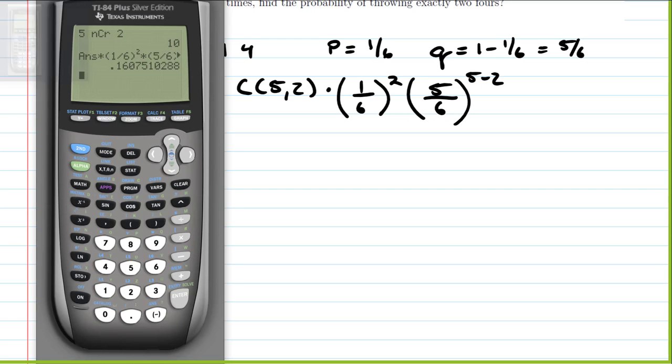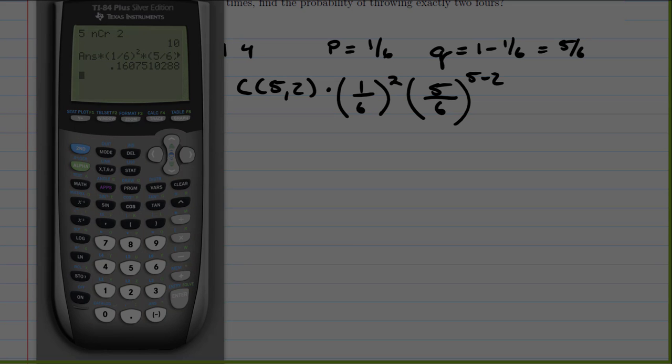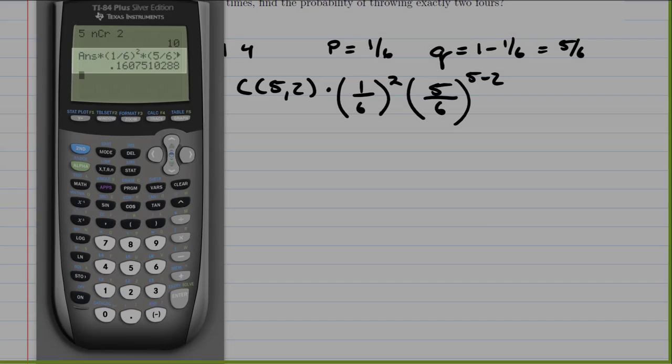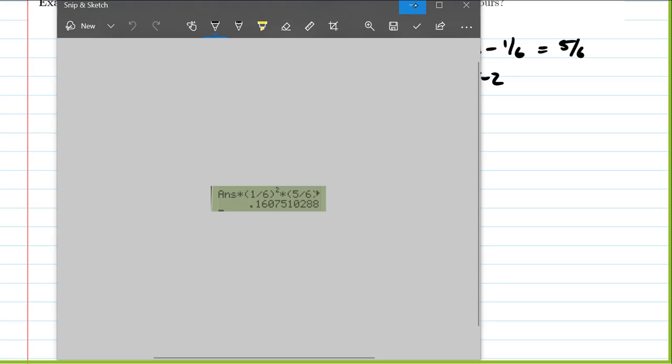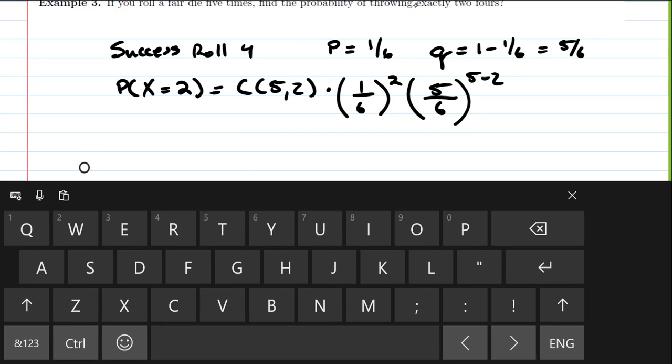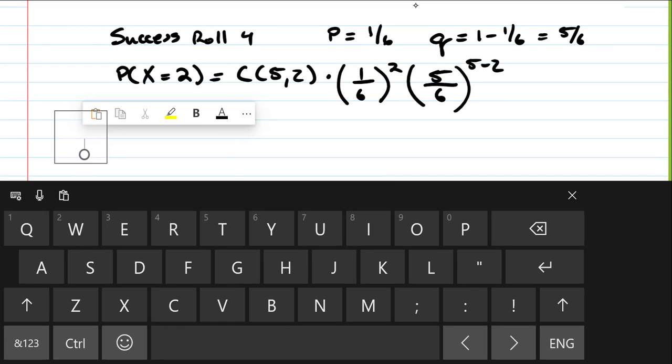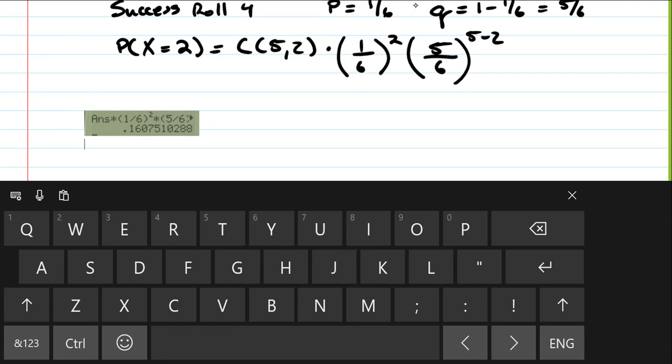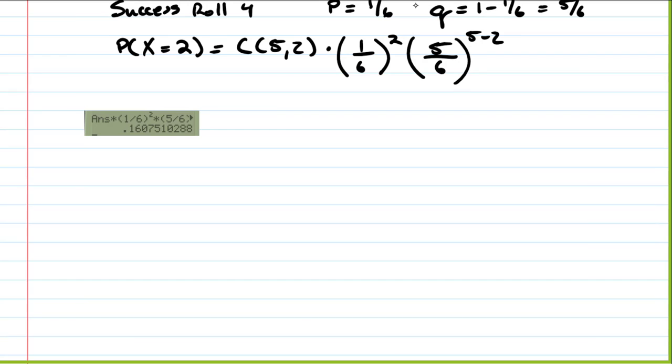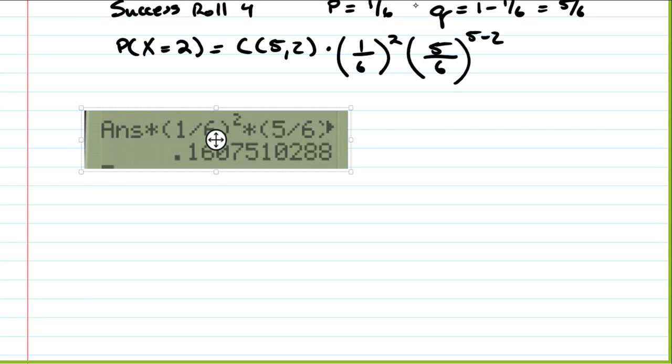So it would appear, according to this, that we would have about a 16% chance.